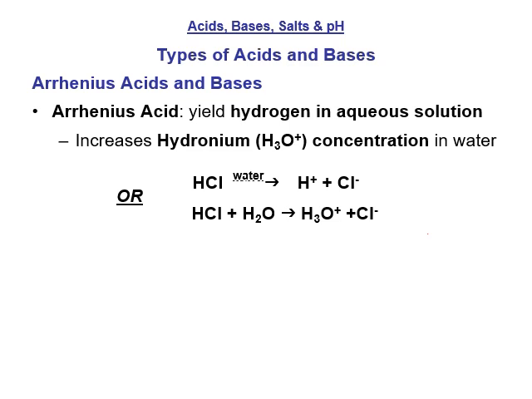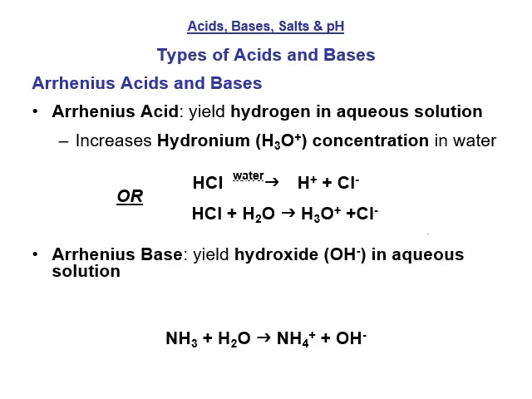Now, an Arrhenius base is anything that will yield hydroxide in an aqueous solution. So for instance, in this example, we have ammonia. And if you add ammonia to water, you're going to get ammonium and hydroxide. Let's see if I can draw it out.